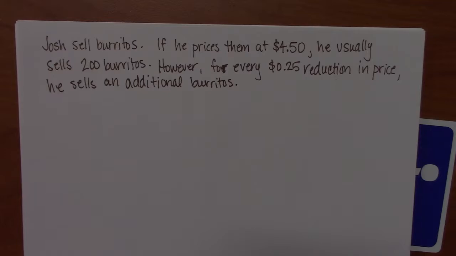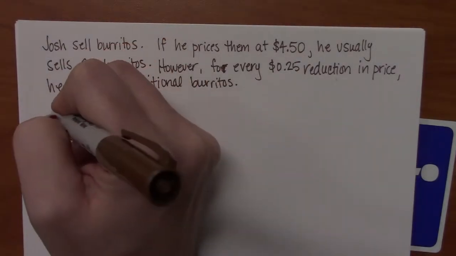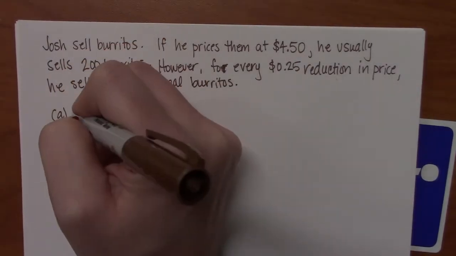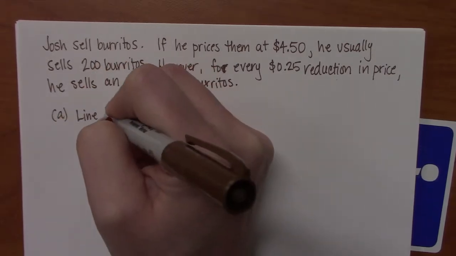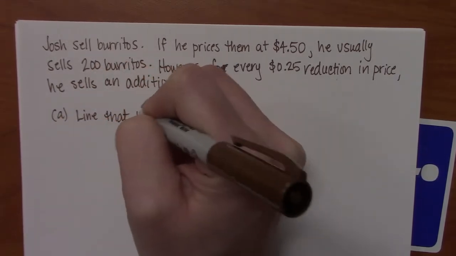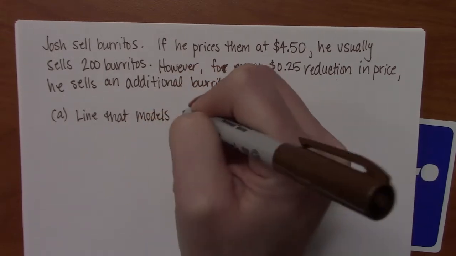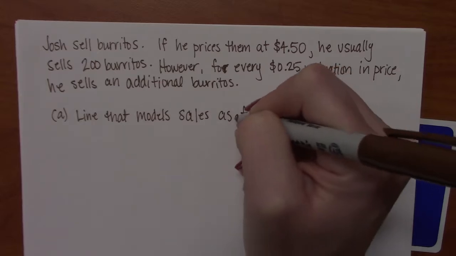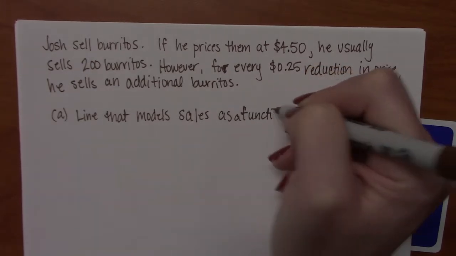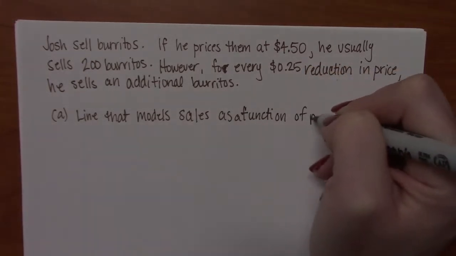So we want to do a couple of things. The first thing we want to do is come up with a line that models sales as a function of price.